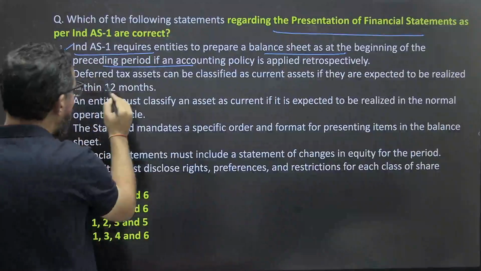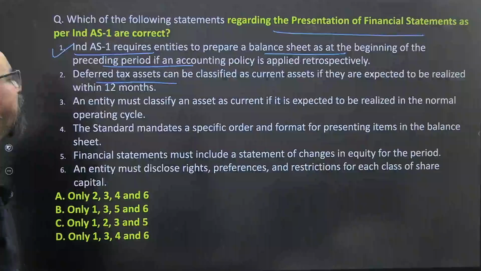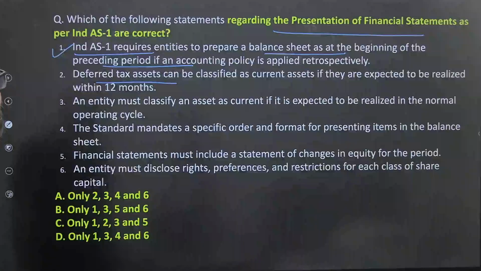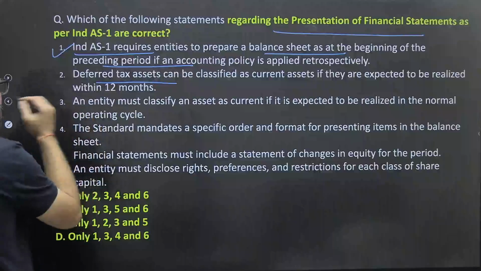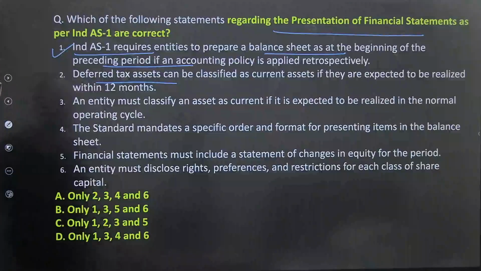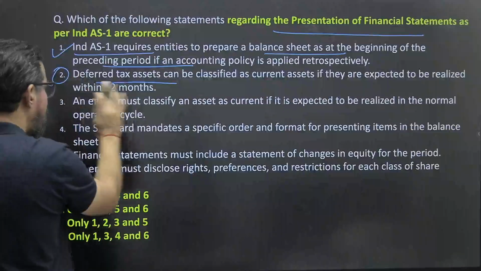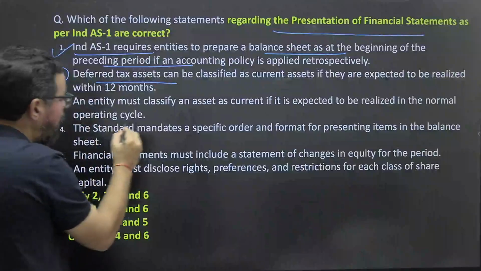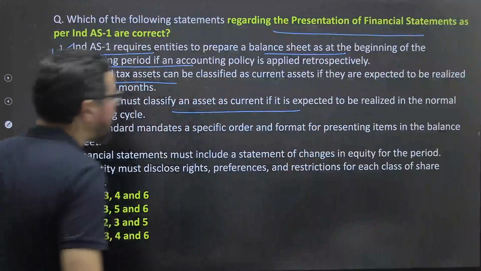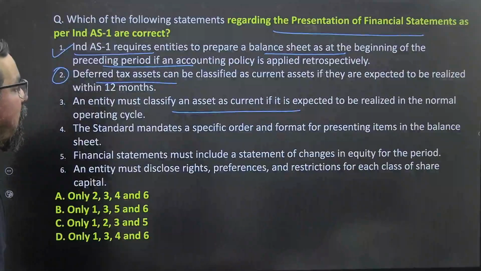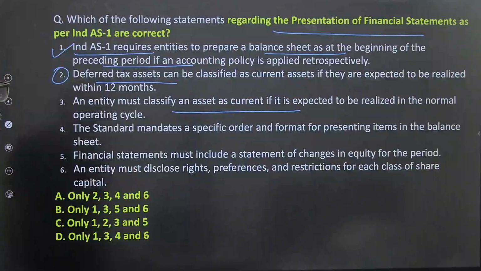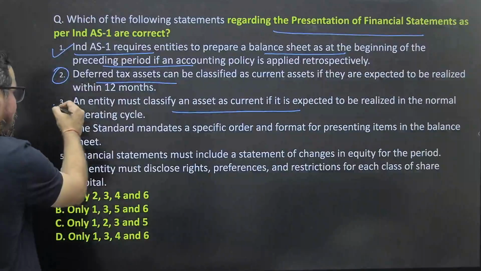Again, deferred tax assets can be classified as current asset if expected to be realized within 12 months. No, okay, this is a little bit doubtful. It should be non-current. An entity must classify an asset as current if it is expected to be realized in the normal operating cycle. 100% true.